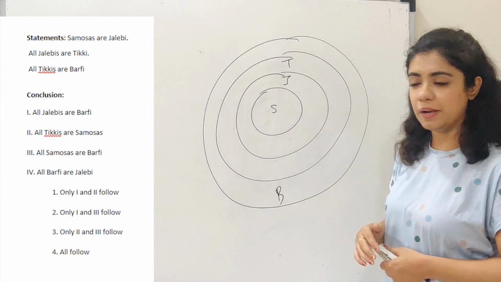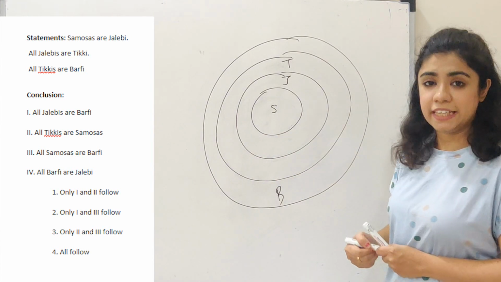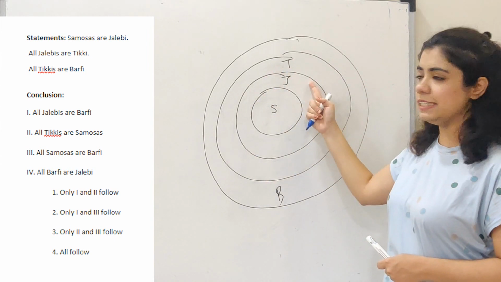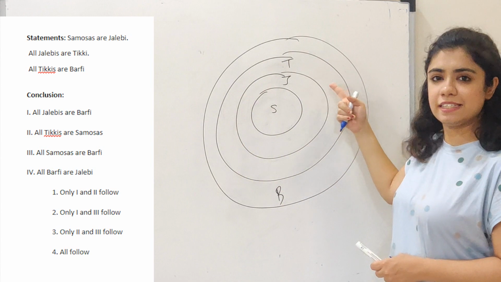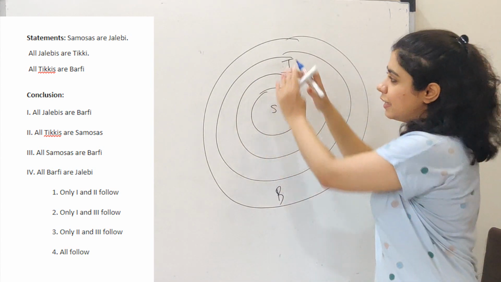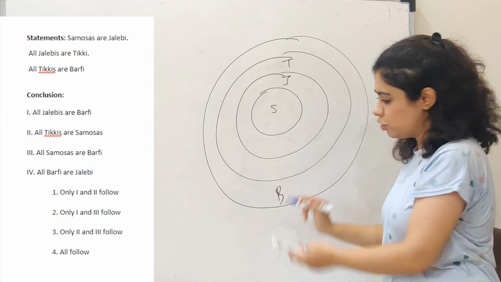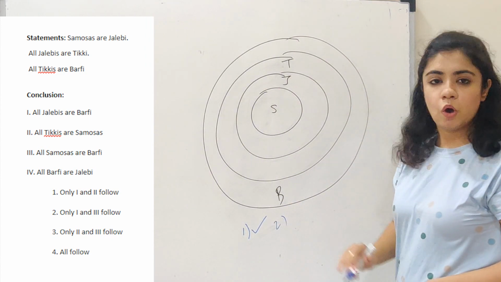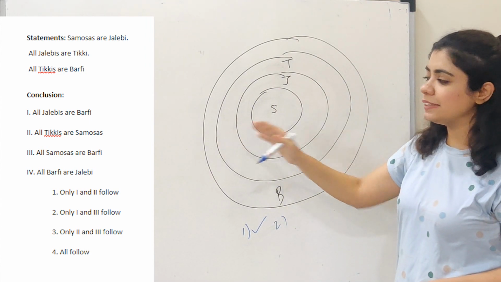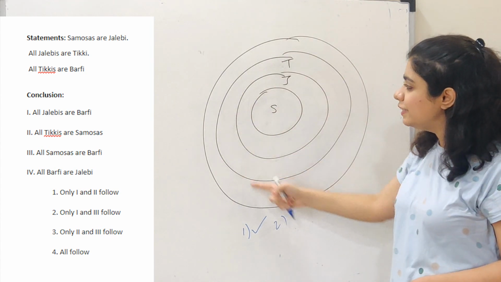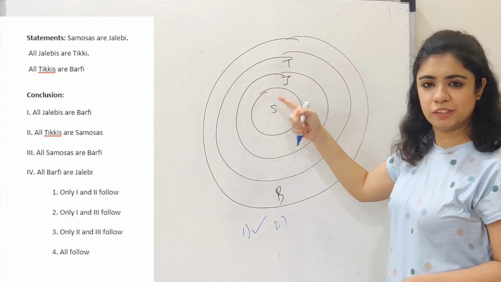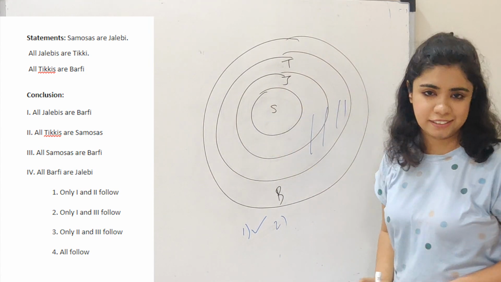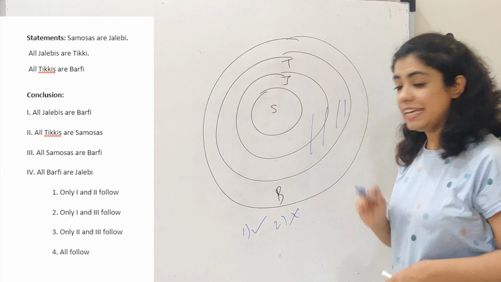See the first one. All jalebis are tikkis. Check karo, is it visible? Yes, the whole of jalebis comes inside tikkis. So conclusion 1 is correct. Conclusion 2: all tikkis are samosas. All the tikkis are not samosas, because this part of tikki is not inside samosa. So 2 is incorrect.